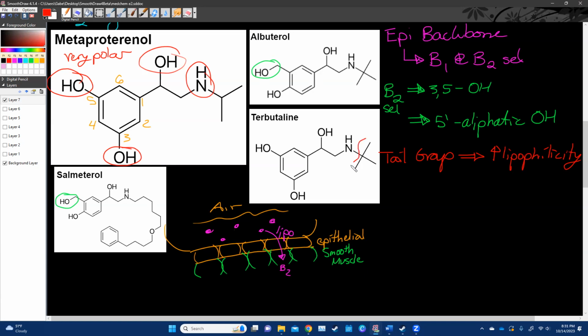Terbutaline takes that step one piece further using a tert-butyl group, which, by the way, is where the name comes from, tert-butyl. And that allows the drug to have more lipophilicity.